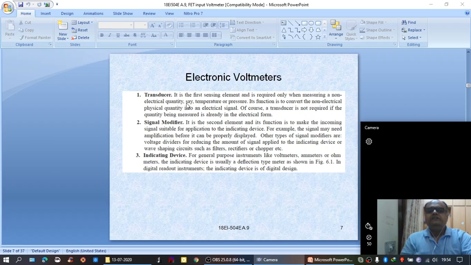Transducer. It is the first sensing element and is required only when measuring a non-electrical quantity.